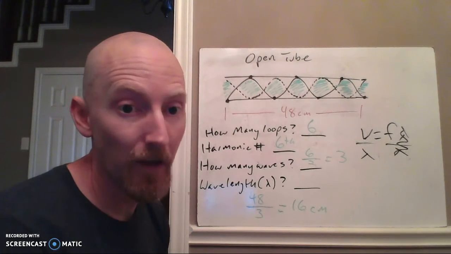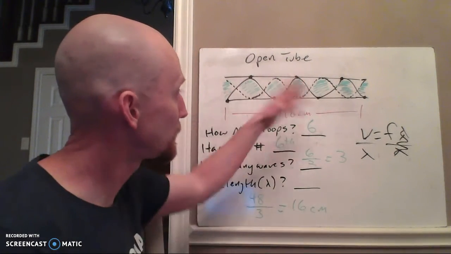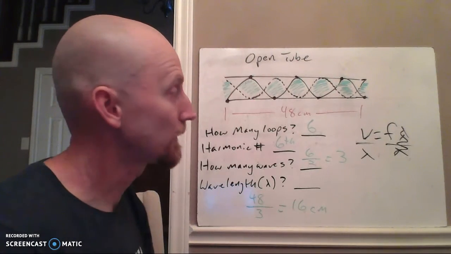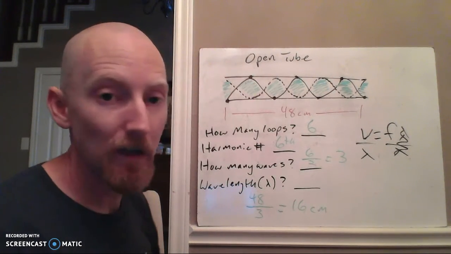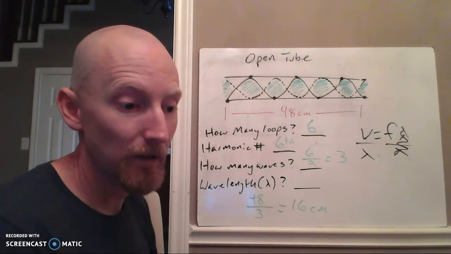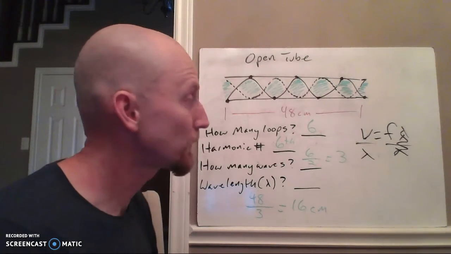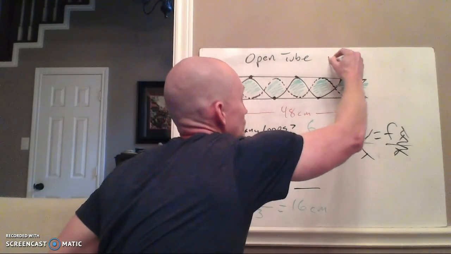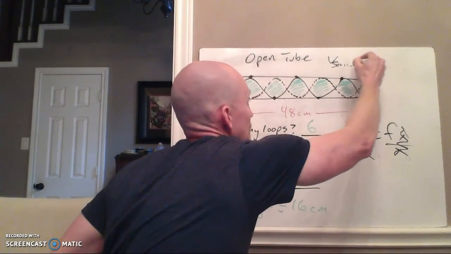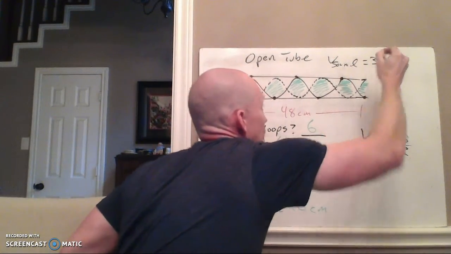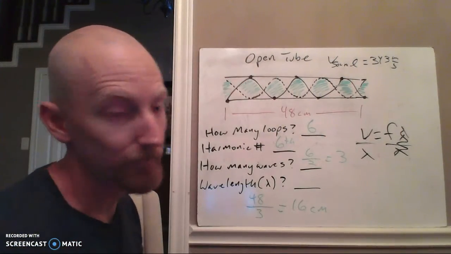And there's a reason for that, because all these waves in this tube are all moving at the same speed because they're probably sound waves. So most of the time, speed of sound is around 340 meters per second. A lot of times, Quest will use 343. So V sound is 343 meters per second.